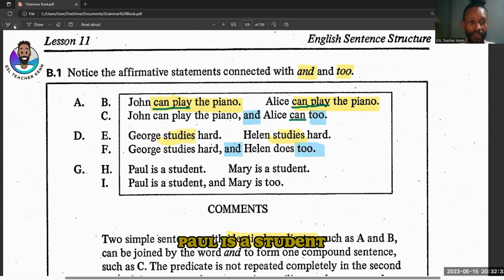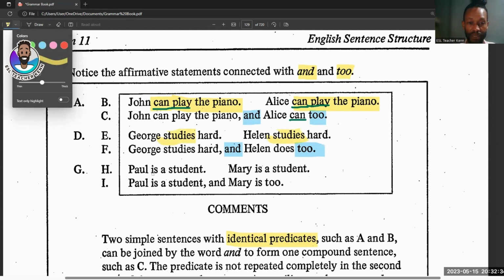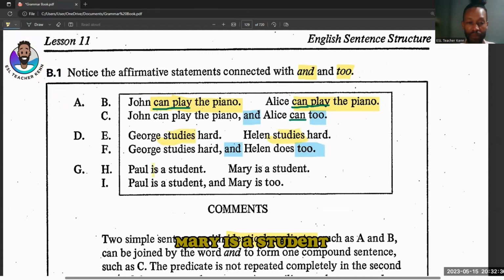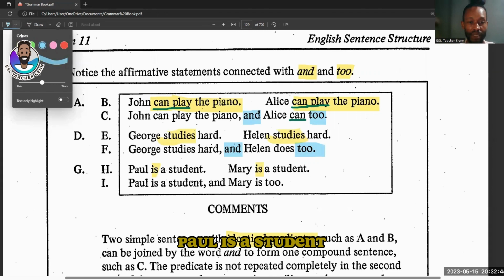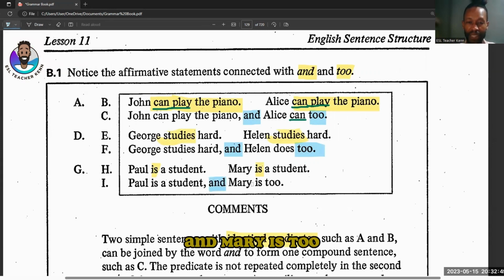Paul is a student. Mary is a student. Paul is a student and Mary is too.